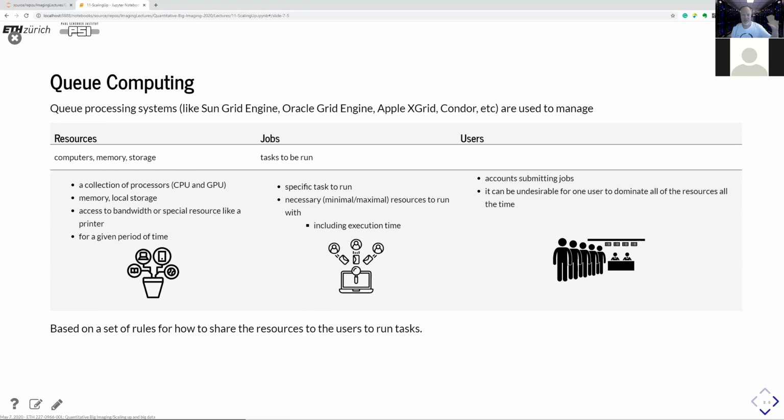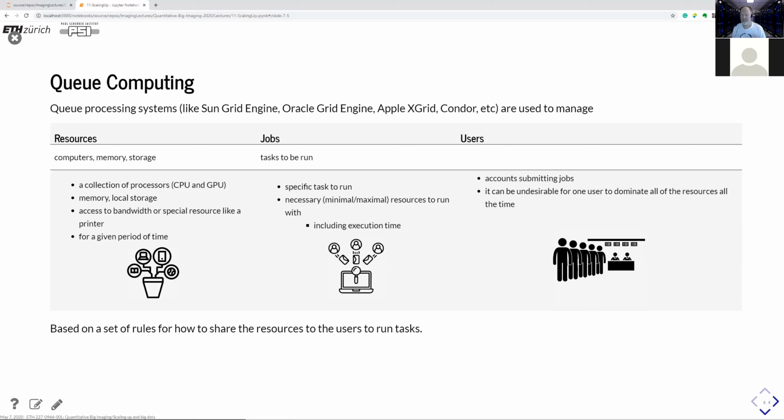So those are the resources. And then you have your little programs that are the tasks or jobs to be run. And then you can define what are the necessary resources to run this in order to reach it in time.